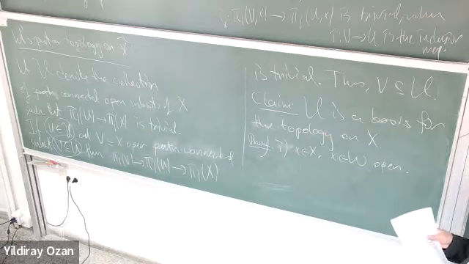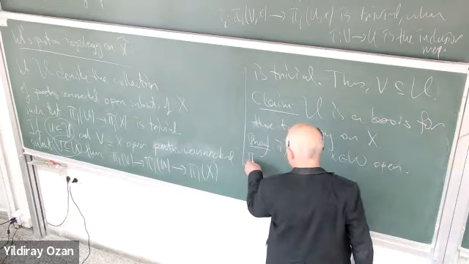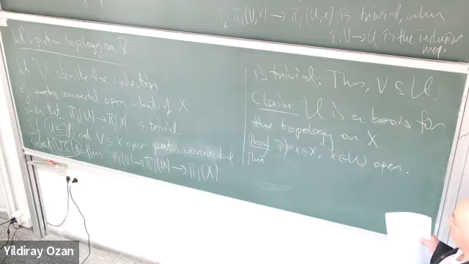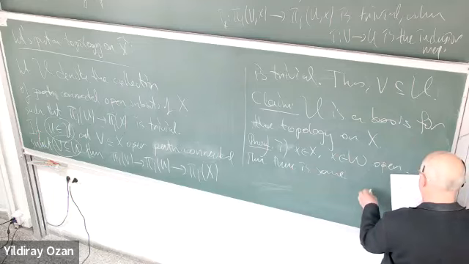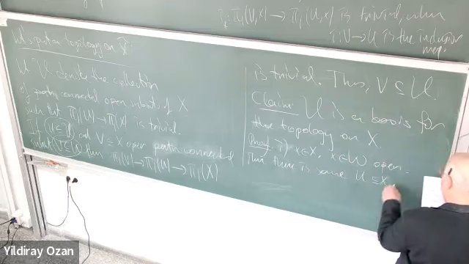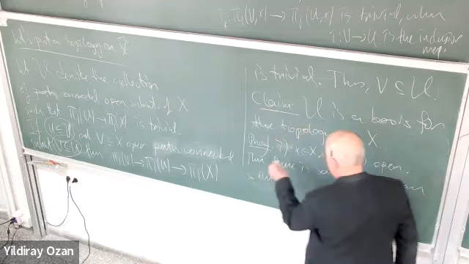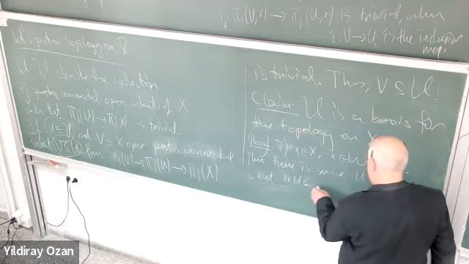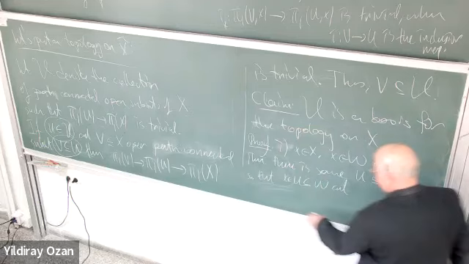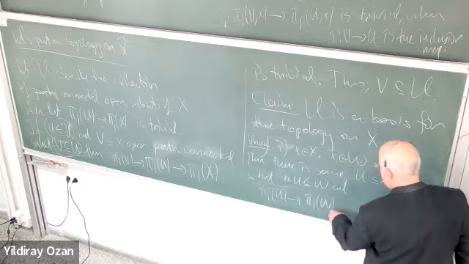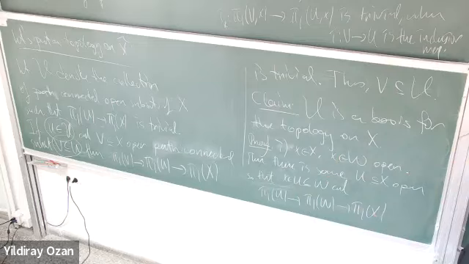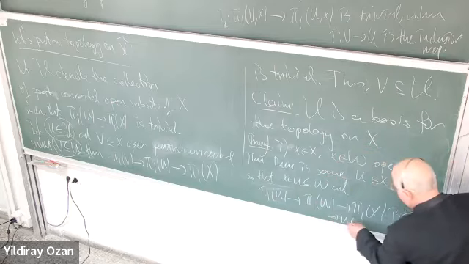But then by the semi-locally simply connected assumption, there is some U open, so that x is in U, U is in W, and pi 1 U into pi 1 X is trivial. So this U is therefore in this collection.